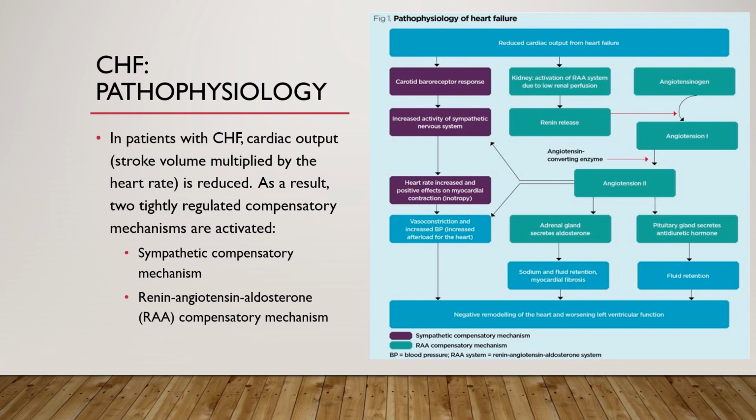A part of the treatment for CHF in the emergency setting sometimes involves ACE inhibitors, angiotensin converting enzyme inhibitors. Because of that, you can see the negative feedback loop that you're shutting down by administering ACE inhibitors. It makes sense when you look at this chart. So pause it and enjoy.